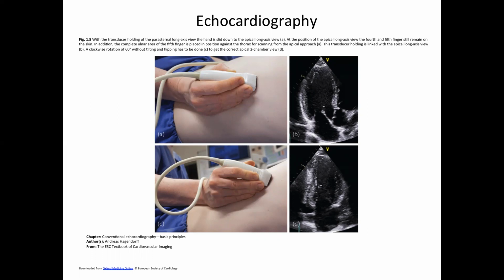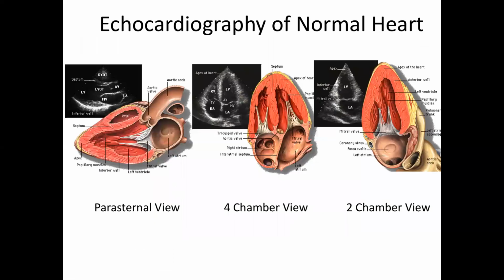Right? So rotate it and get a different cut through that view. So this is the left atrium. Here's the left atrium in this view. And this heart wall here is different than this heart wall, right? So again, this person is tremendously important for getting good studies.